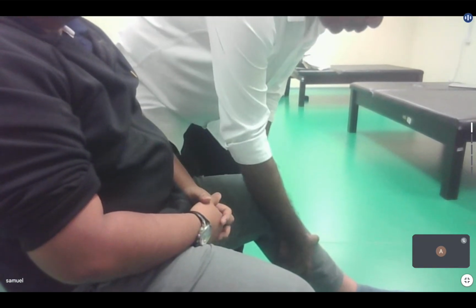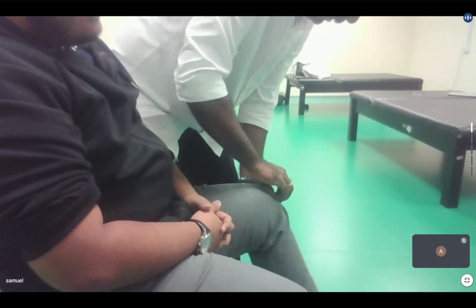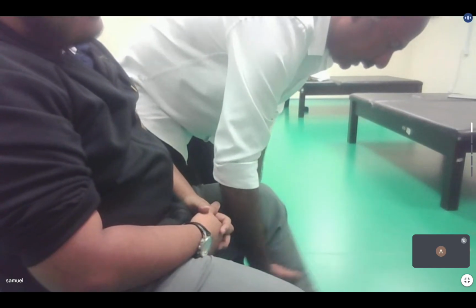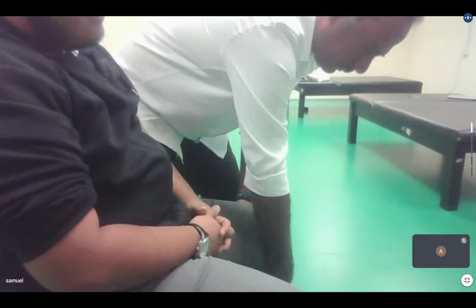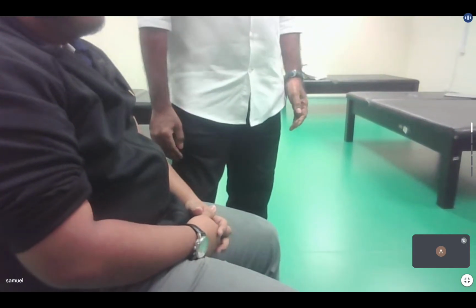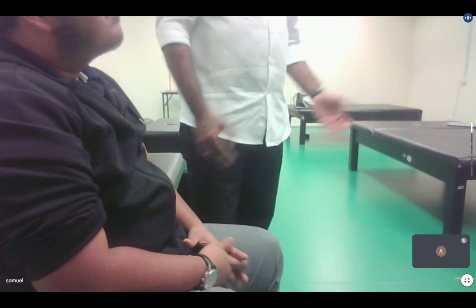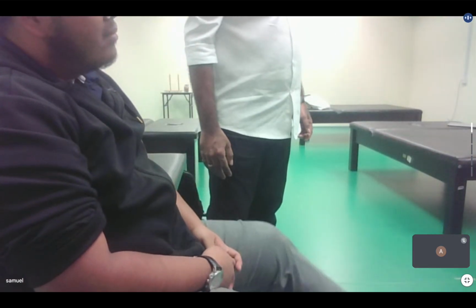What happens in a normal person? It extends and comes down, right? In a pendular reflex, it extends and swings for three or four times, then drops down. It's because of hypotonia, reduced tone, so it acts like a pendulum.